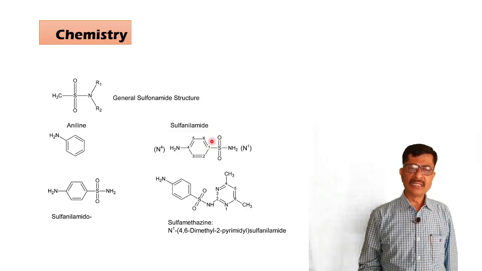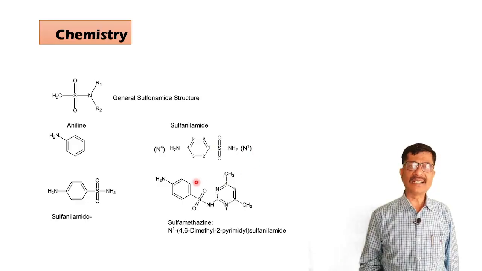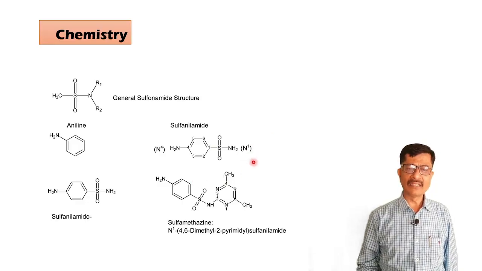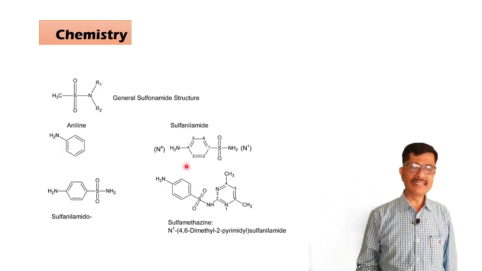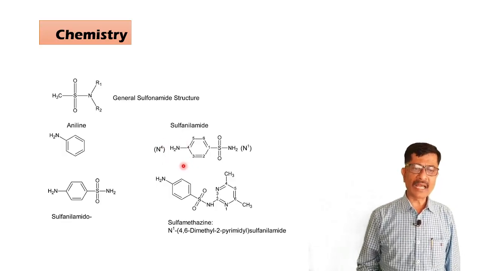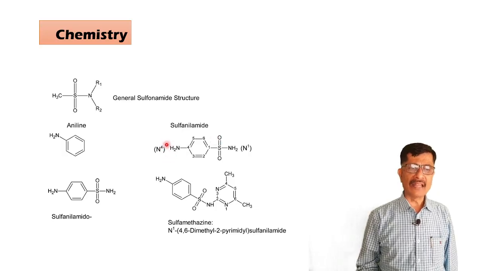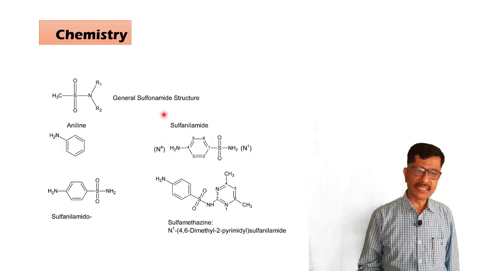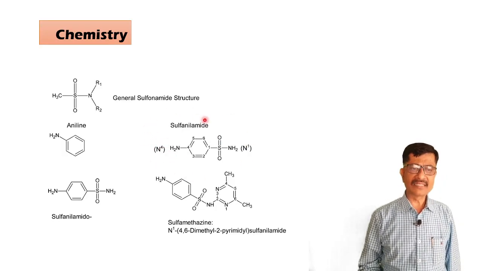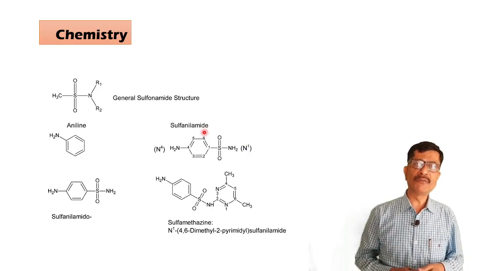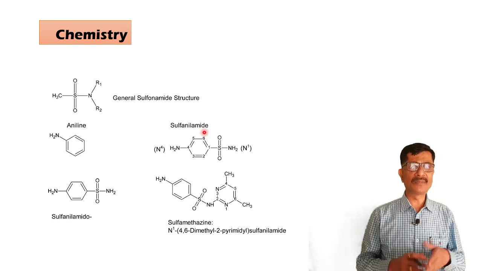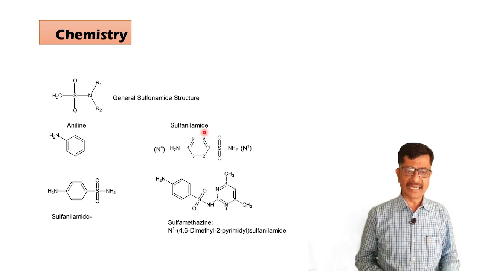The sulfonamide nitrogen is assigned as N1, while the amine nitrogen is N4. So there are N1 and N4 nitrogen atoms in this sulfanilamide. Sulfanilamide is the lead molecule for the development of various sulfonamide class drugs available as antibacterials.